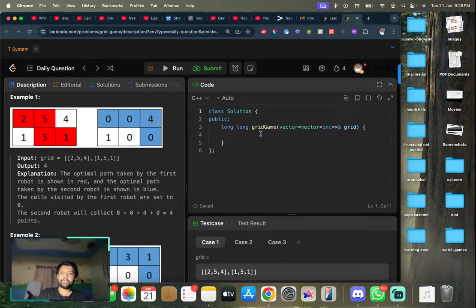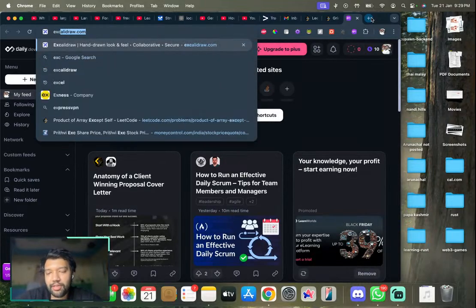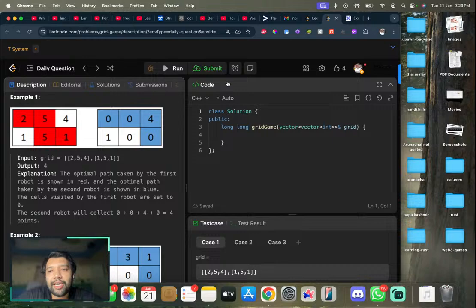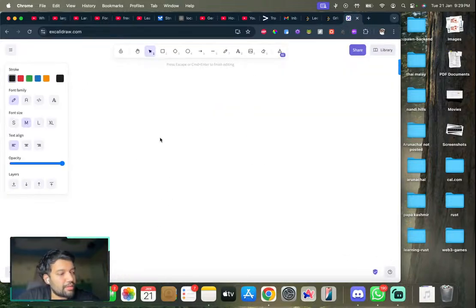We'll calculate the prefix sum for the first row and the suffix sum for the second row. So this is the idea. Prefix for the first row: 2, 7, and what's the third number? 4, so 11.